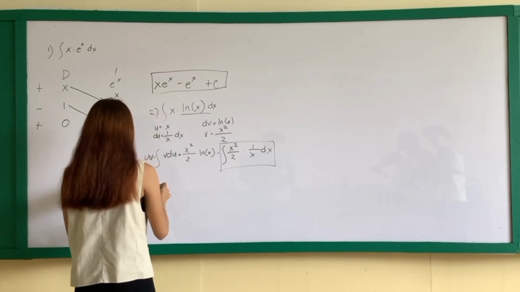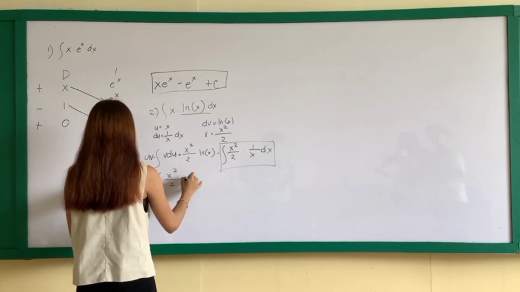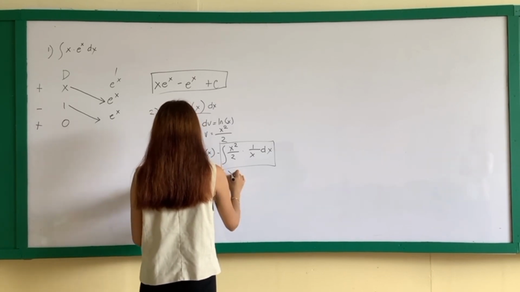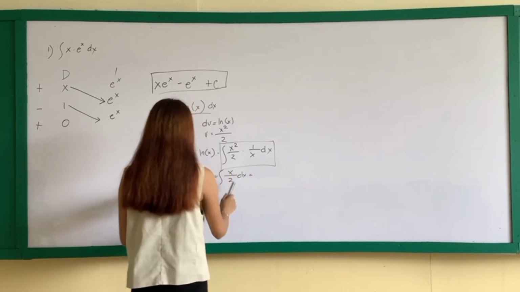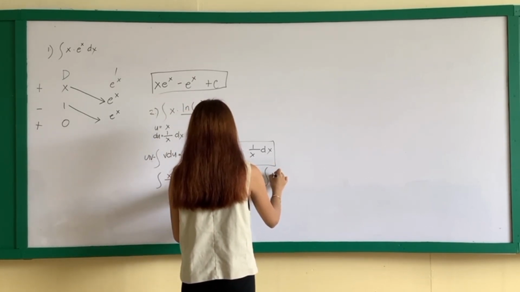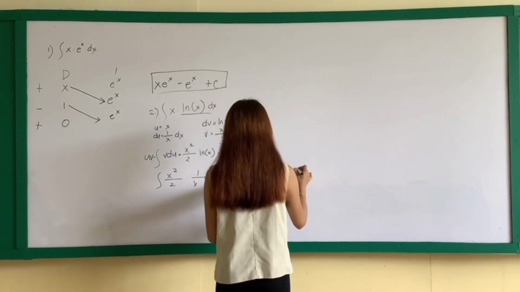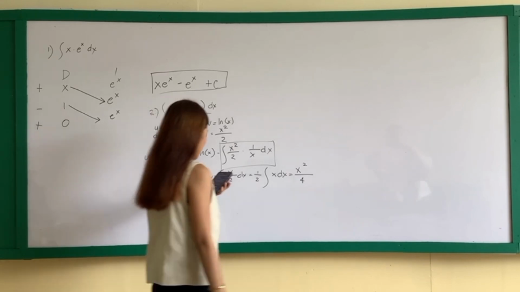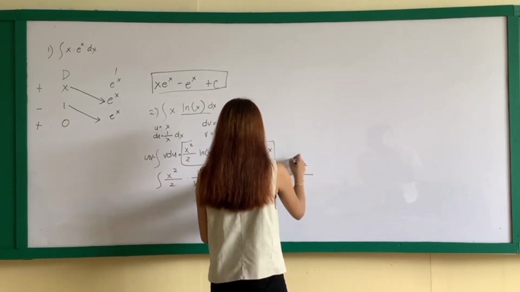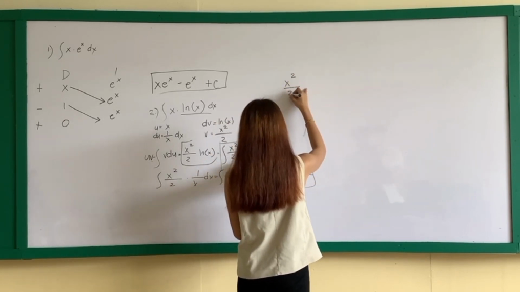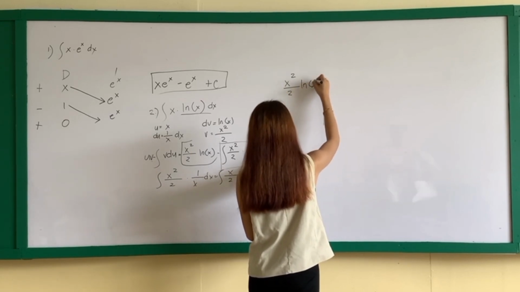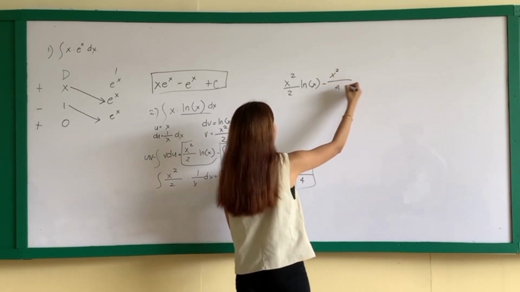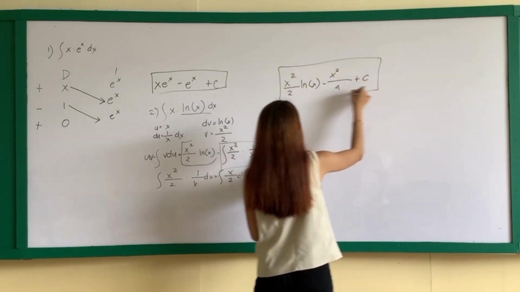This one, x squared over 2 times 1 over x dx equals x over 2 dx, which gives x squared over 4. So we have x squared over 2 ln x minus x squared over 4 plus c. And here is our final answer.